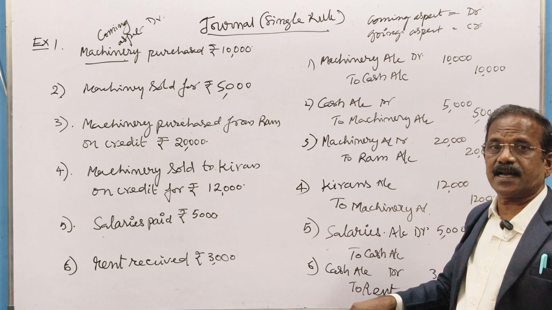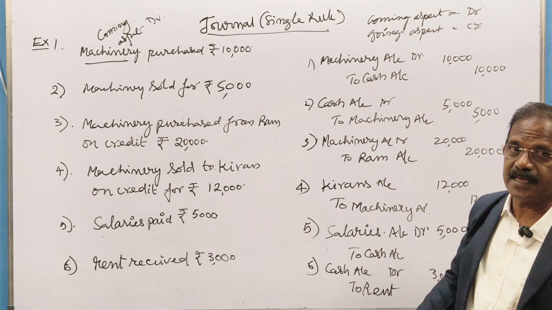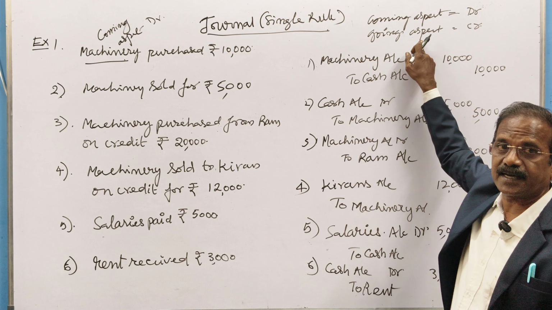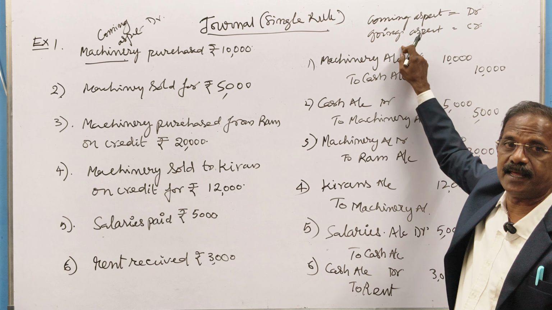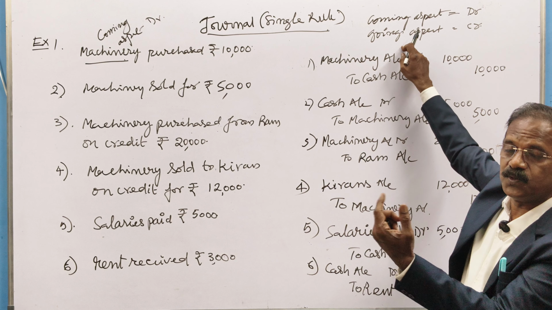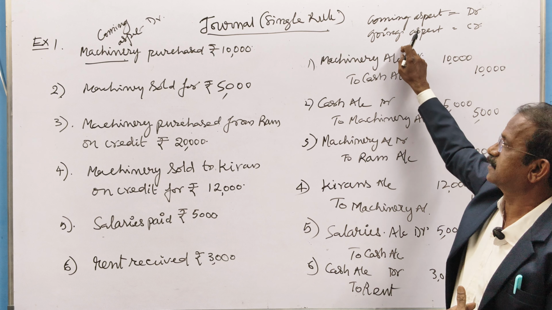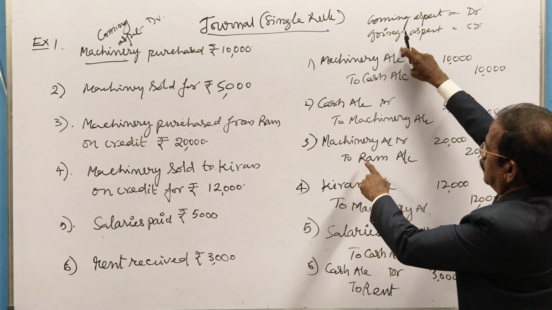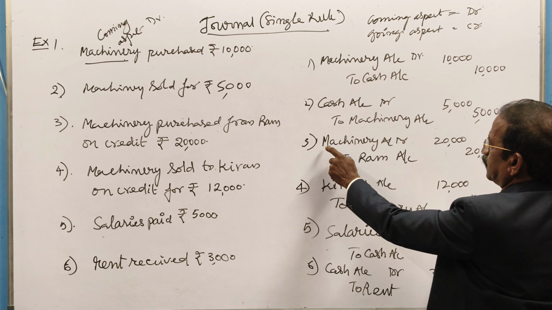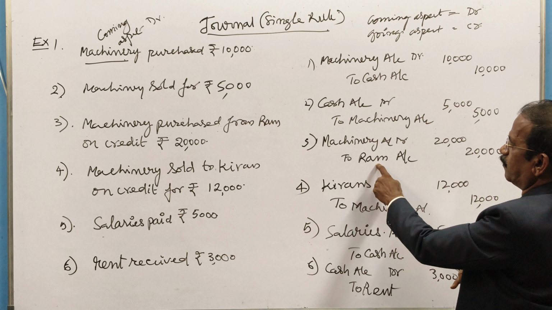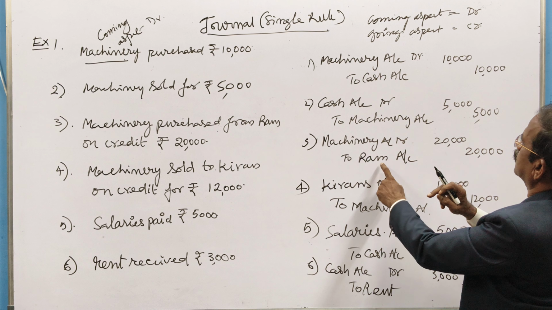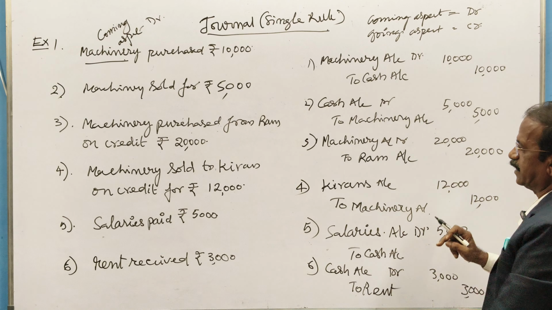But in some transactions, we have a coming aspect and we don't have a going aspect. In that case, we should write the name of the person who is giving that benefit to us. Just like here, machinery. We purchased machinery from Ram. Ram is giving. So Ram has the going aspect. That's why Ram's account is credited.